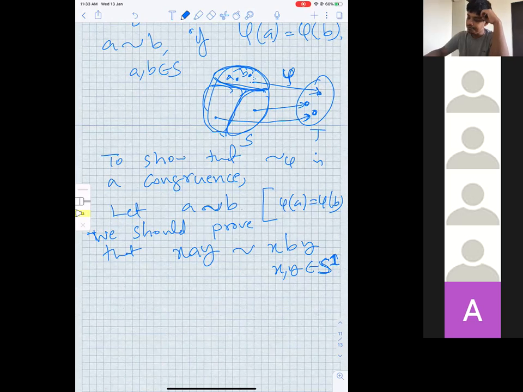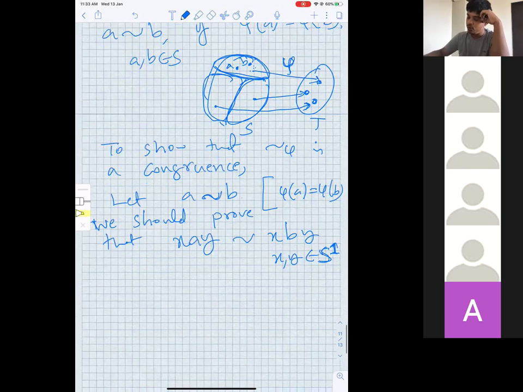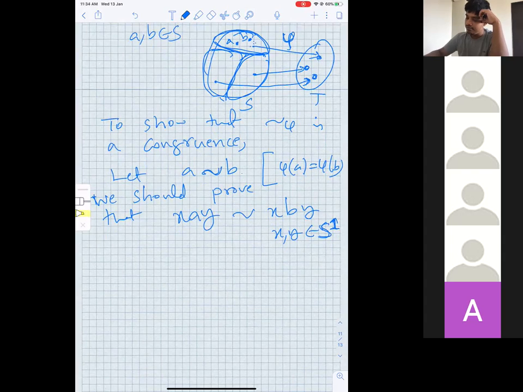Okay. We should prove that XAY is tilde XBY. How do I prove that? It suffices to show that phi of XAY is equal to phi of XBY, because then they are equivalent with respect to the nuclear congruence.